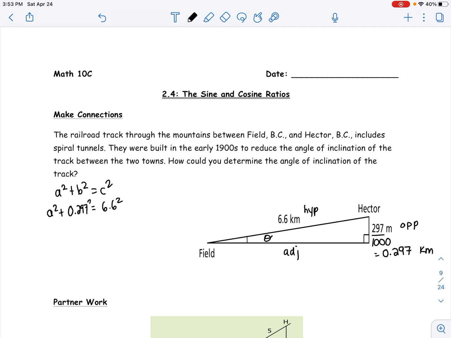So 0.297 squared. Then I'll calculate what each of those are. So in your calculator, you're putting 0.297 squared. And I get that it is 0.088209. And then I'll do 6.6 squared, which is 43.56.